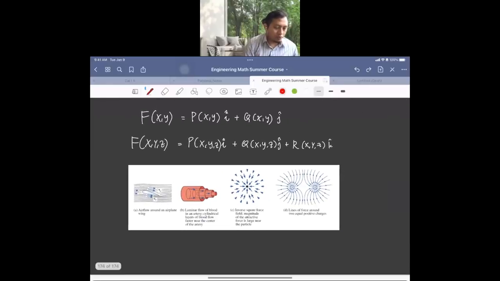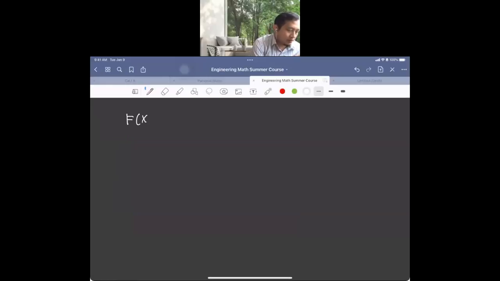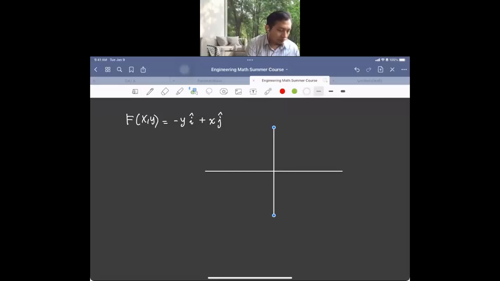Now, if we want to represent, for example, a vector field F equals negative y i plus x j, and we would like to take this into a graph, let's say we start from x equal 1.